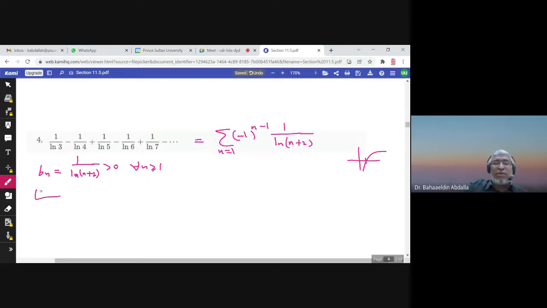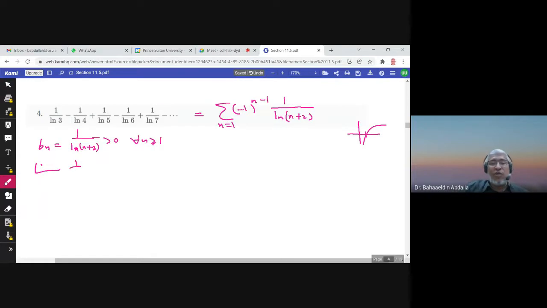Now the limit of Bn, which is 1 over ln of n plus 2, when n goes to infinity: ln infinity is infinity, and 1 over infinity is 0.